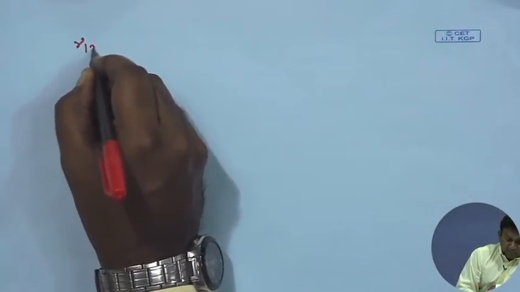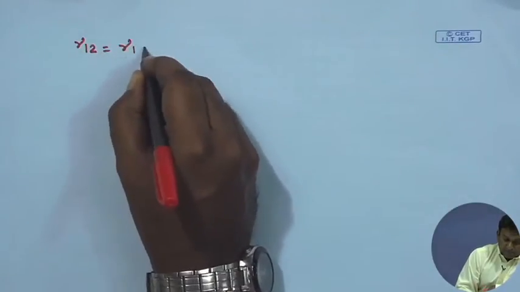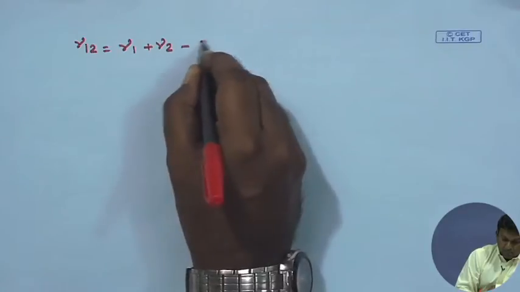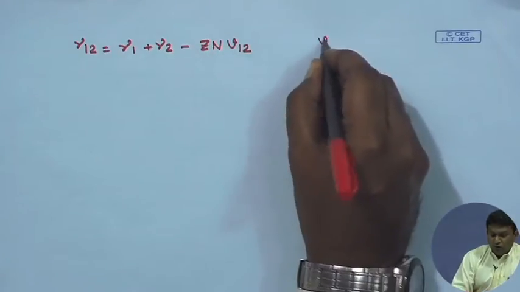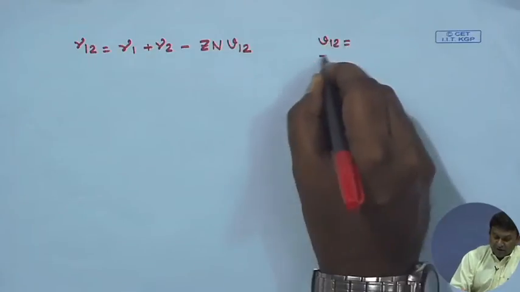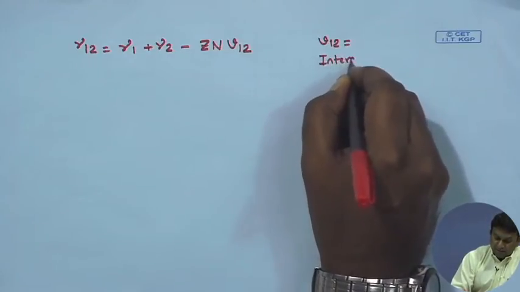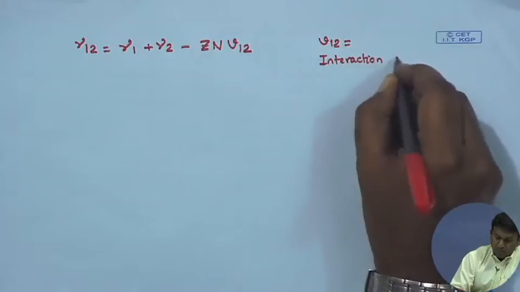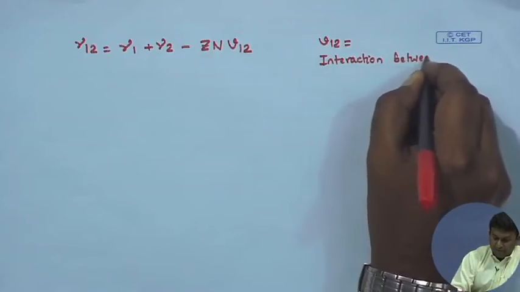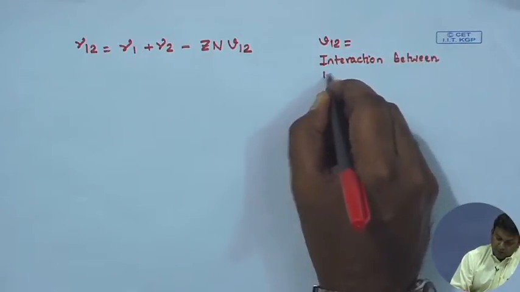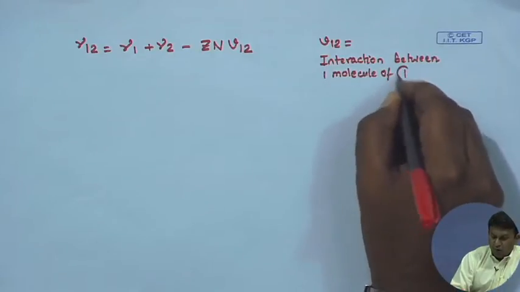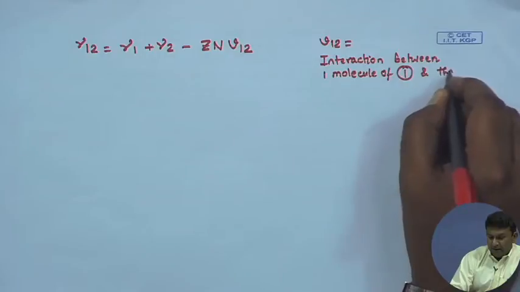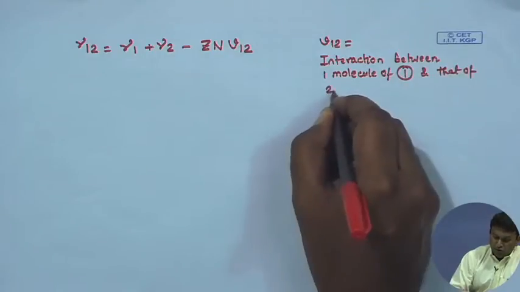So, what we have is, where V12 is the interaction between one molecule of 1 and that of 2.